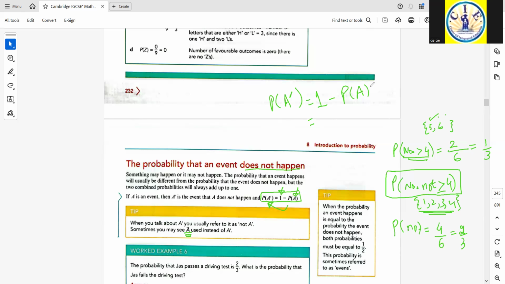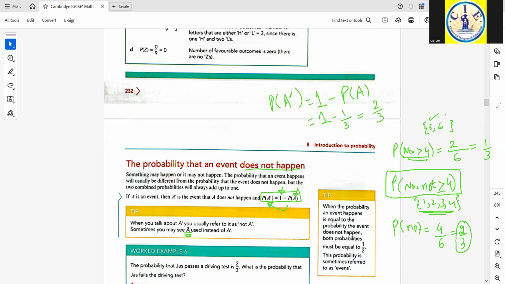So I can subtract 1 minus 1 by 3. That is 2 by 3. So I'll get this one.